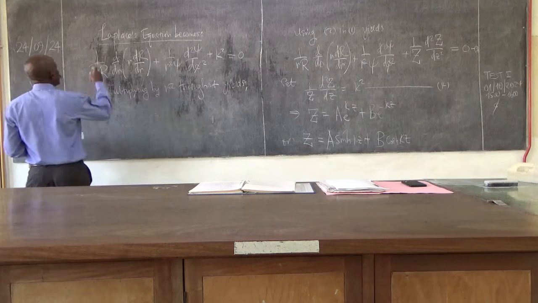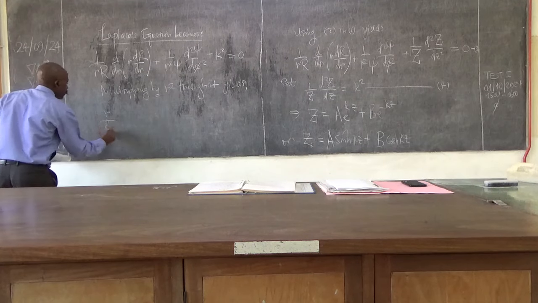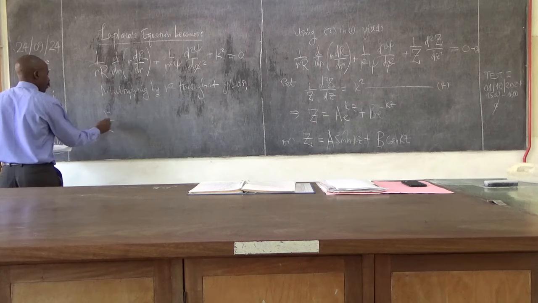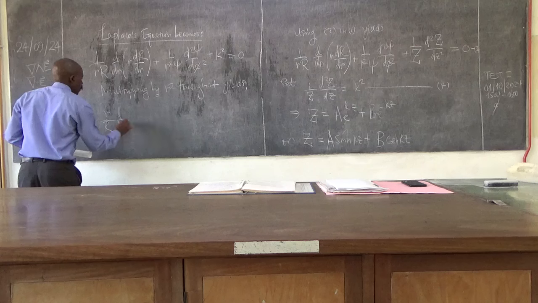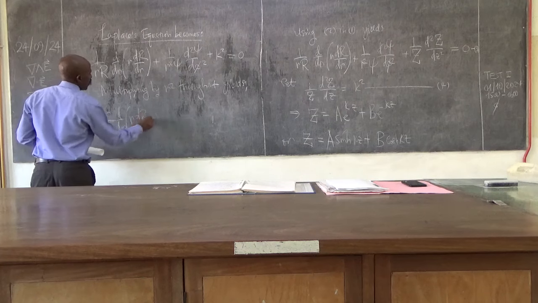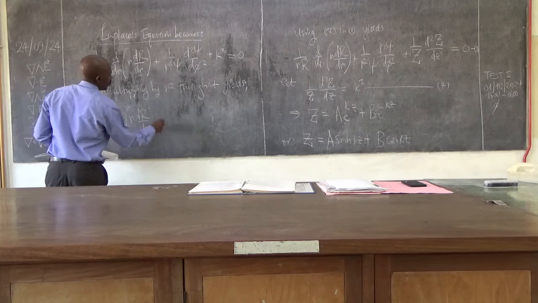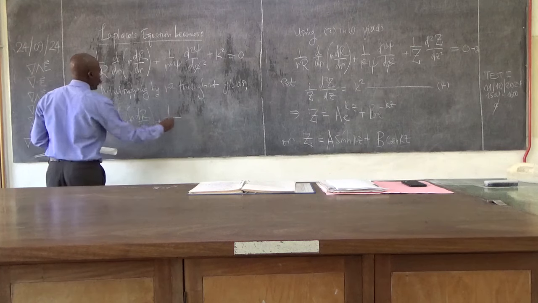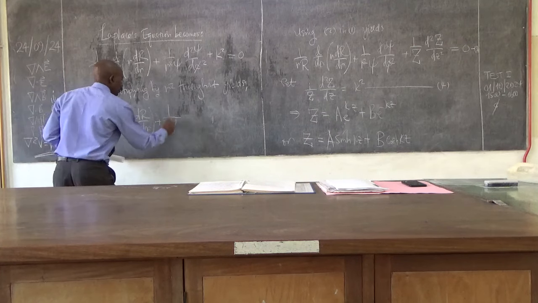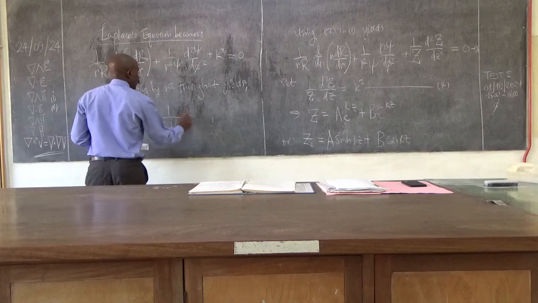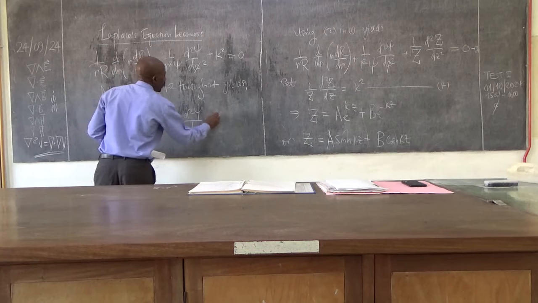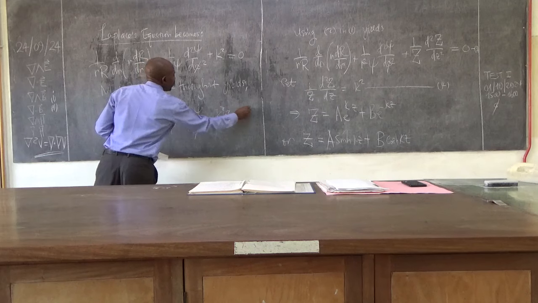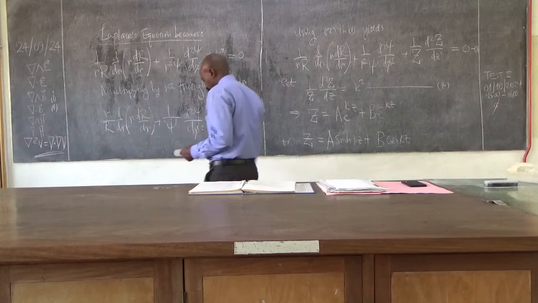So it will remain an r here over R, d/dr in r dR/dr, plus 1 over psi, d squared psi by d phi squared, plus k squared r squared equals 0.